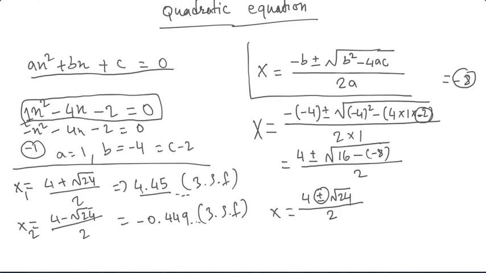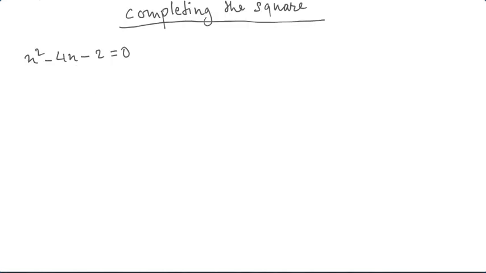So we are going to see the other method also, completing the square. With the help of this method also we can solve the quadratic equation. So let's go to that. Okay guys, completing the square. Here we have the same equation, x squared minus 4x minus 2 is equal to 0, and we are going to solve this equation with the help of completing the square.